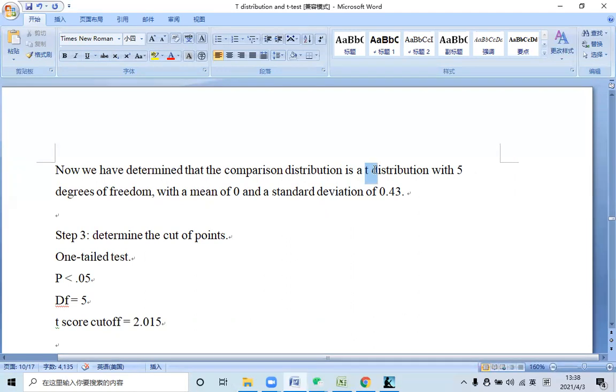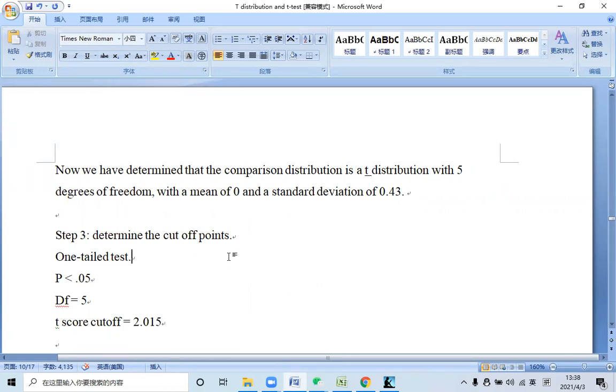It is a t curve. The degrees of freedom is 5. The mean is 0. Standard deviation is 0.43. Cutoff. We're doing a one-tail test. Why?